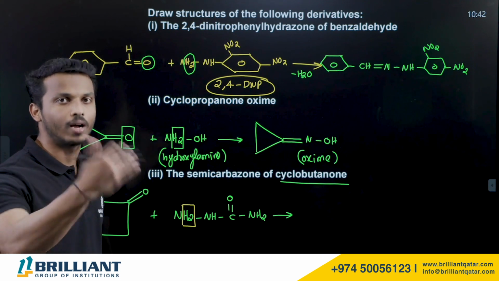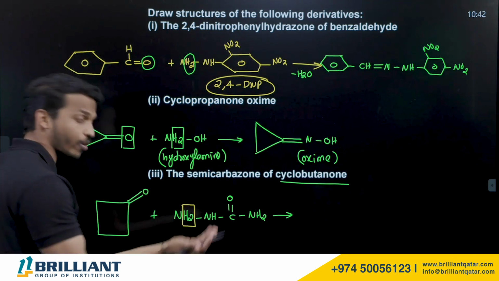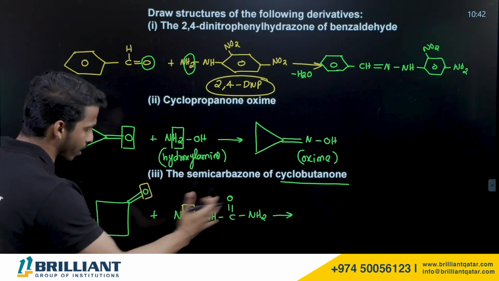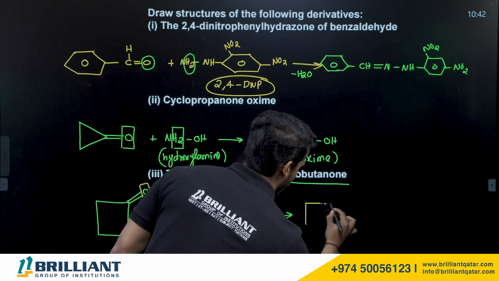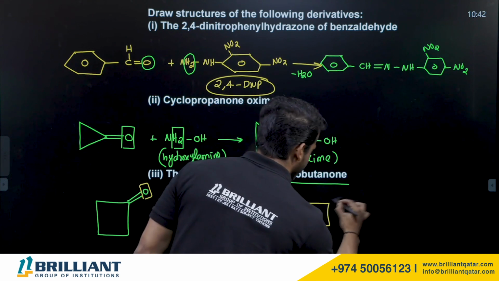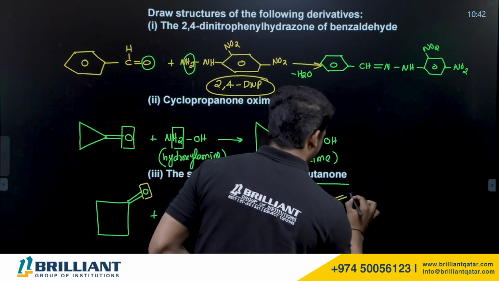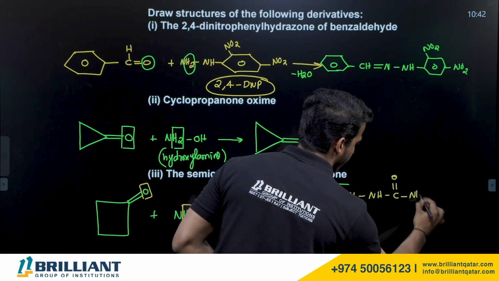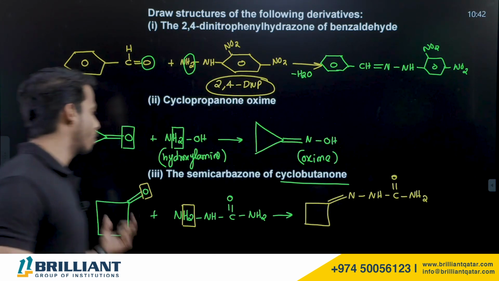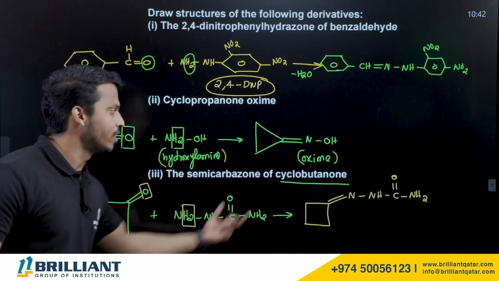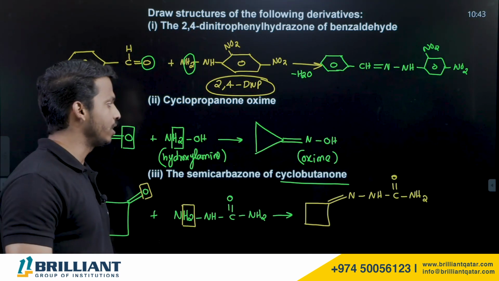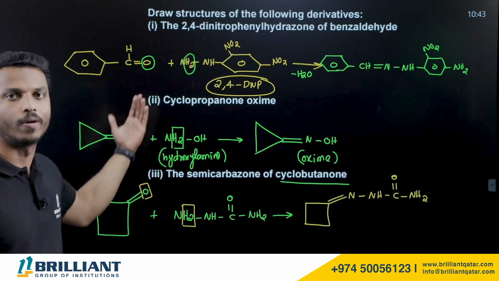I'll tell you in the upcoming questions what the reason is. You have already studied that, okay? So this H2 and oxygen remove, the remaining just club together. So we have the compound cyclobutane, there is a double bond and the remaining NNHCONH2. When you treat an aldehyde or ketone with semicarbazide, the product is known as what? Semicarbazone. Okay, so easy to write, everywhere we are removing water.